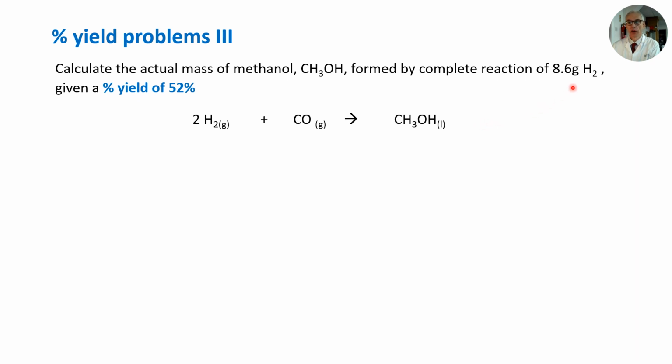So we know the mass of hydrogen, we know the percentage yield. What therefore would be the actual mass of product produced? Pause, think it through, attempt a solution and come back to check.